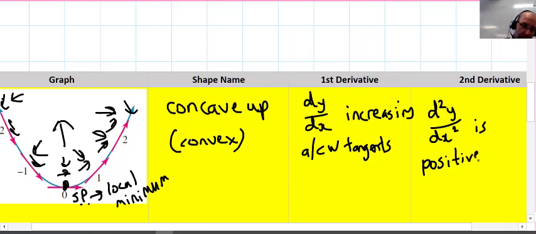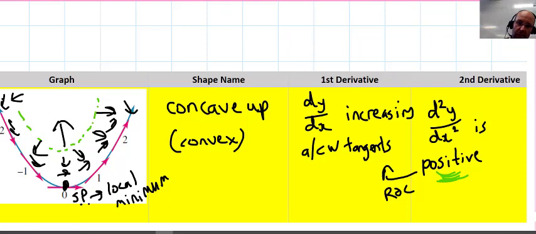Why? Because the rate of change of these is positive. If you go from something that is quite negative up to 0 and then positive and then more positive, that's a positive change. So the second derivative is positive.